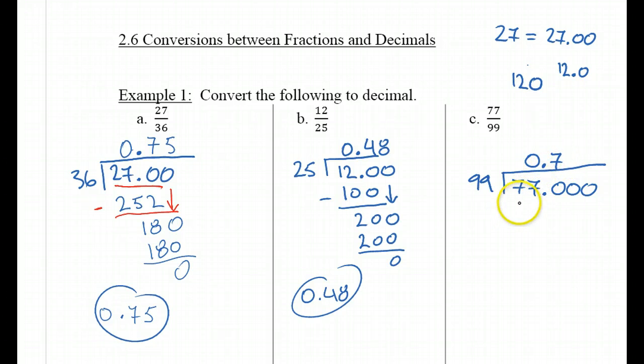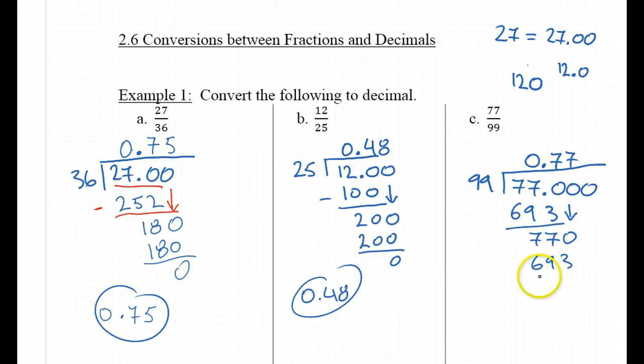That's 693. Then 770 minus 693 gives me 77. Again, 77. Interesting. Now I need to borrow another 0. So 99 goes into 770 again, and this looks familiar. I think it's going to be 7 again, and 7 times 99 is 693.